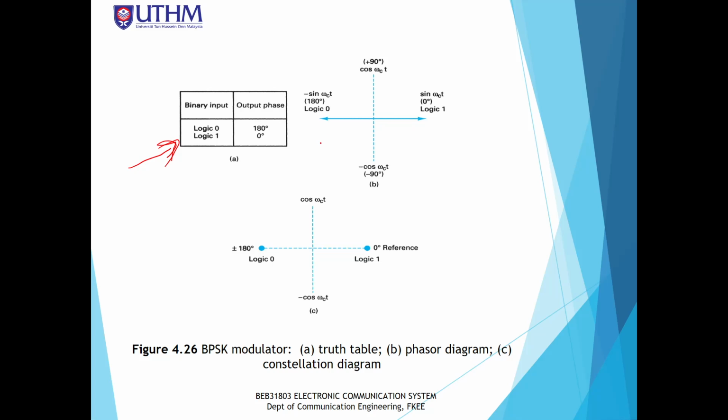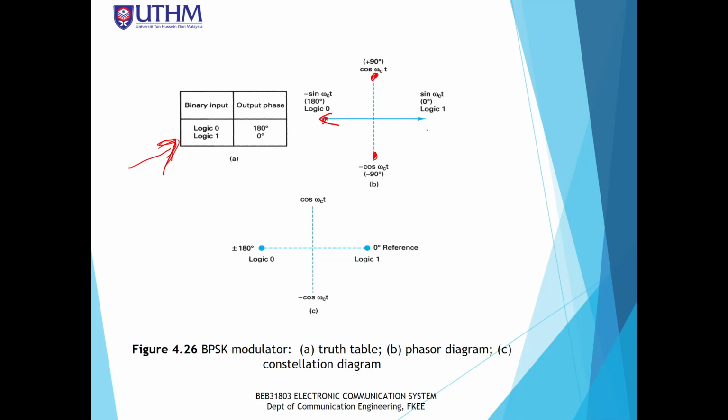Kalau kita lihat phasor diagram adalah gambar raja anak panah. So phasor diagram dia menunjukkan gambar raja trigonometri, yang mana di sebelah kanan ini adalah kosong, di sebelah tengah sini adalah 90 darjah, 180 darjah, minus 90 ataupun 270 darjah. So dikatakan daripada truth table untuk logik kosong, dia akan menghasilkan output 180 darjah, iaitu di sini.